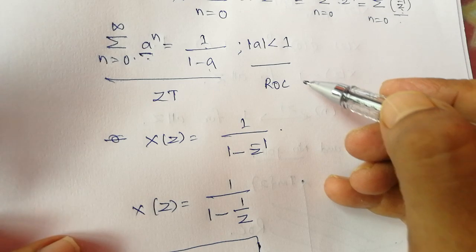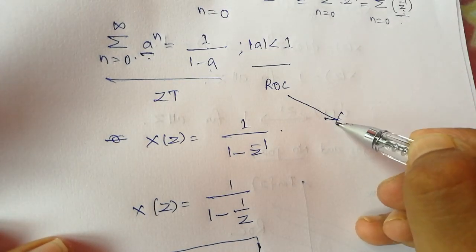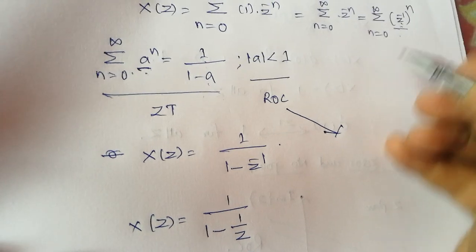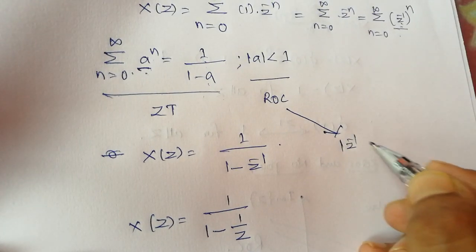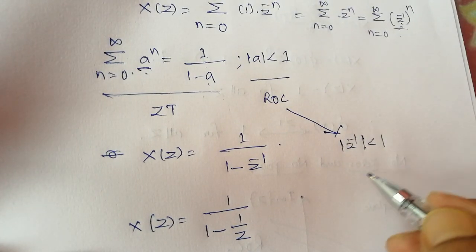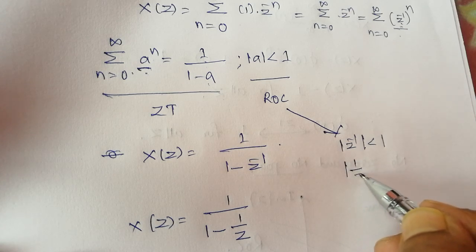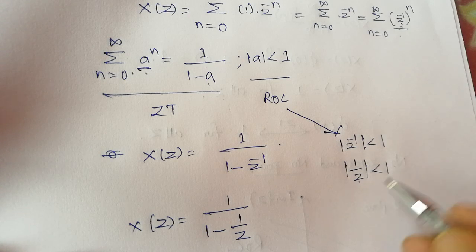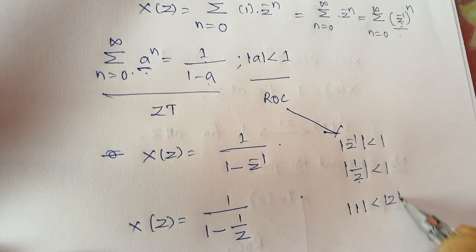Next, calculation of the ROC. Here a equals z raised to minus 1. Hence mod of z raised to minus 1 is less than 1, so 1 by mod z is less than 1. Taking z to the other side, 1 is less than mod of z.